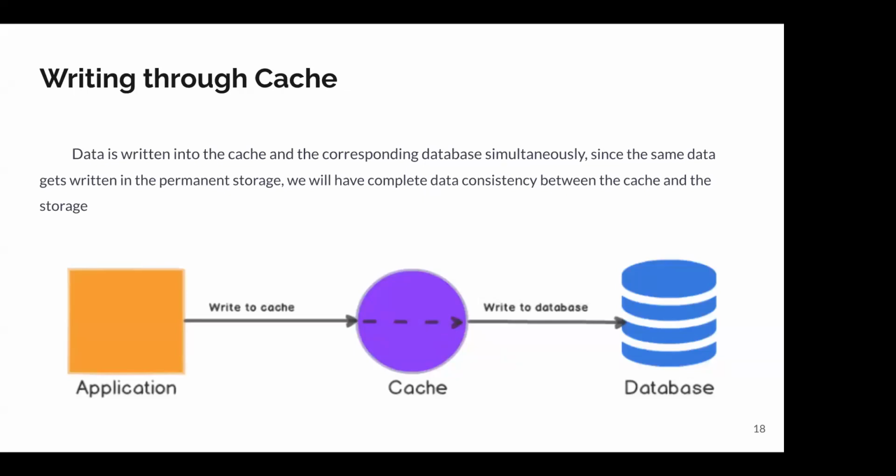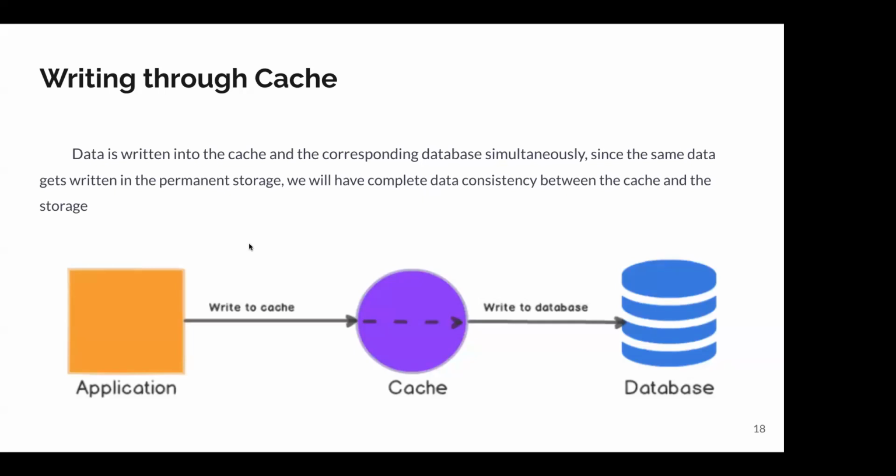But the problem is that every time you write into the cache and the database at the same time, it would increase the time because you are writing in two different places. But you will always have the data available in the cache while you are reading the data back. So that is the write-through cache.